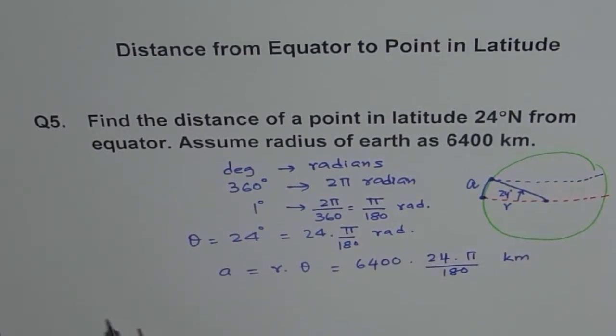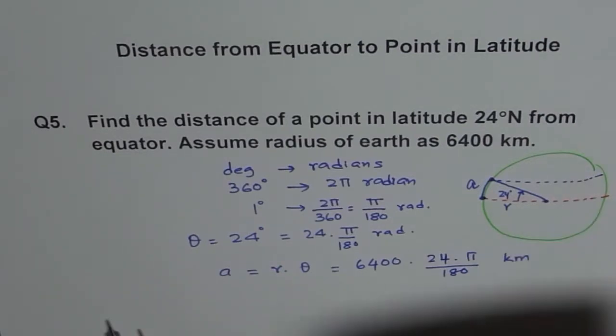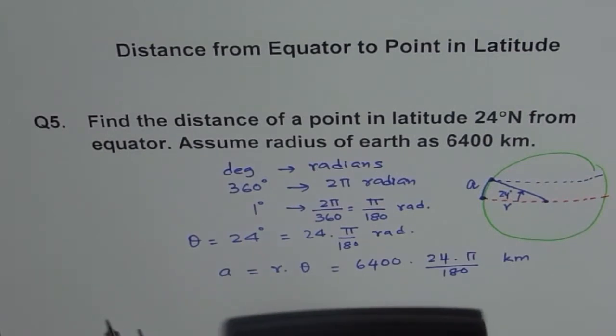So that is our distance in kilometers, because radians is basically a ratio, as you know. And once you have this, you can use a calculator and figure it out. So it gives me 6400 times 24 divided by 180 equals something times pi, equals 853 1/3 pi. Let me change it to decimals.